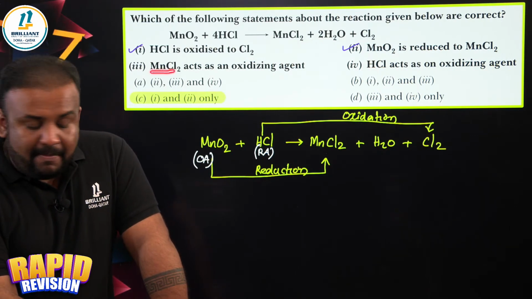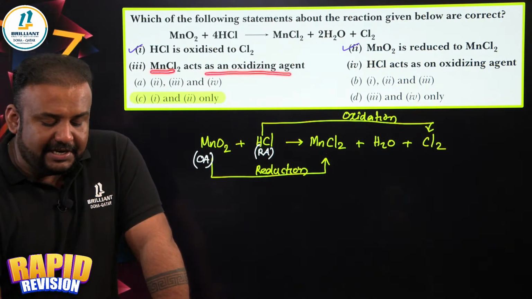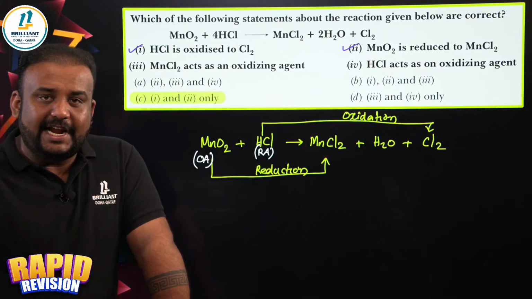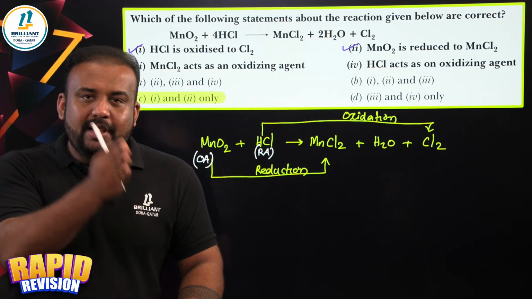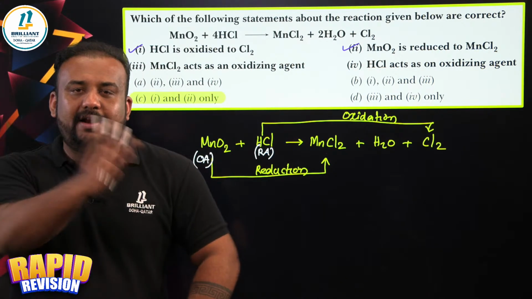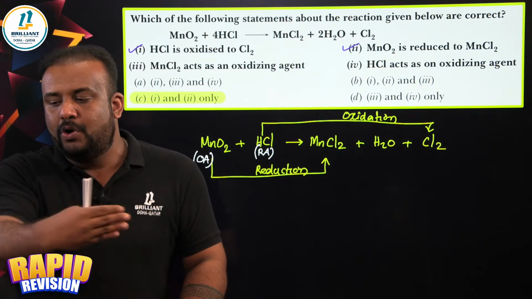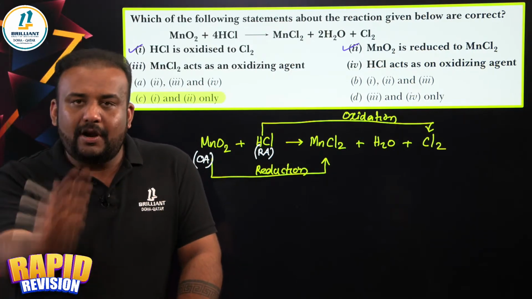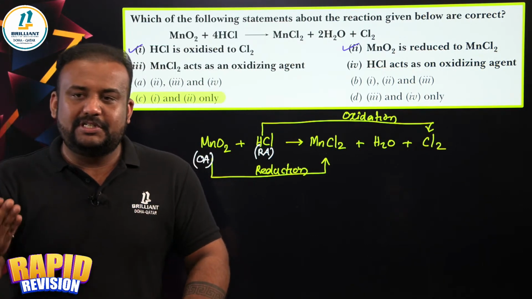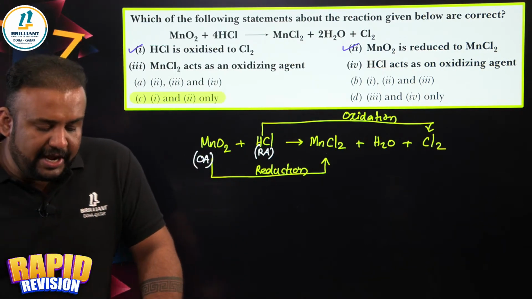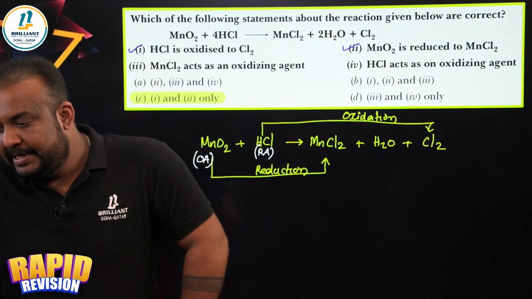The third one says MnCl2 acts as an oxidizing agent. Where is MnCl2? It is on the product side. So the oxidizing agent or reducing agent, or the substance oxidized or reduced, should always be addressed with respect to the reactants. Like who underwent oxidation, who underwent reduction, who is responsible for the other's reduction, who is responsible for the oxidation. So only 1 and 2 are correct. Is that clear to all?